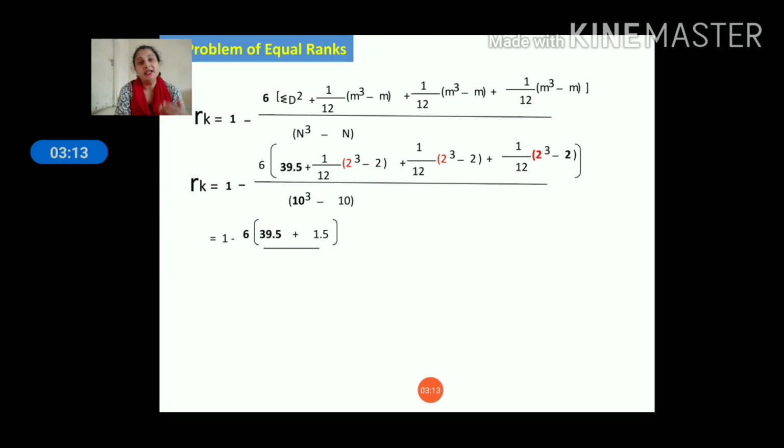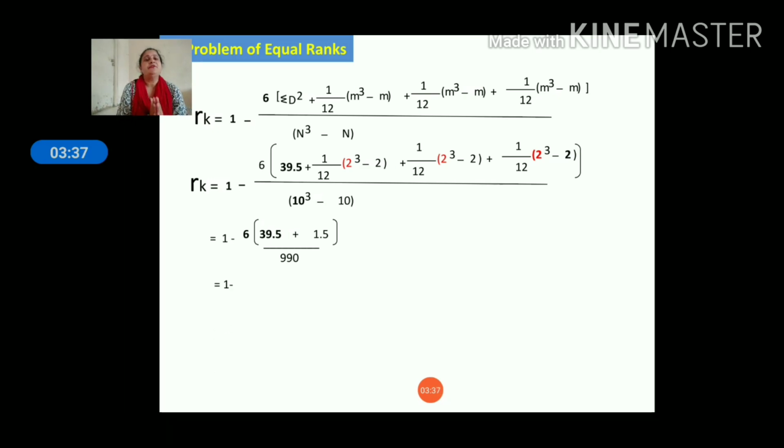Here again I am telling you, the value of m will vary according to the number of times the rank is shared. Suppose 2 ranks are shared, m will become 2. If 3 ranks are shared, m will become 3. Clear? So 39.5 plus 1.5 upon 990. This is the total value.